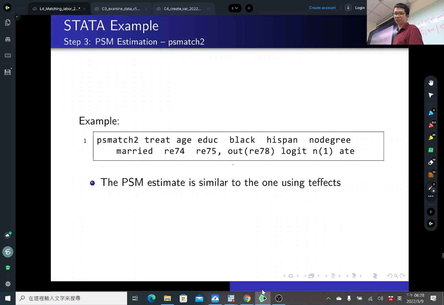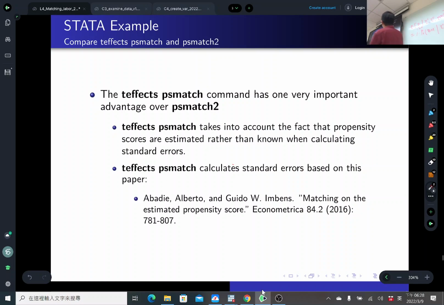The results are very similar, but there are several differences. I would say teffects psmatch has one important advantage over psmatch2. It can calculate the standard error correctly, because its formula or asymptotic distribution is derived based on the papers by Abadie and Imbens.